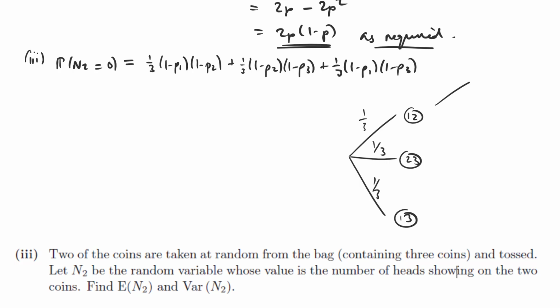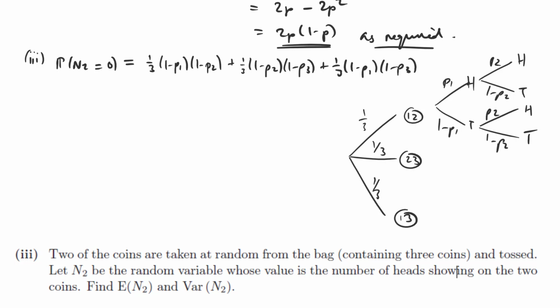And then from that step onwards, each one of these 3 branches gives rise to a tree diagram like this, where I get head, tail, and in this one I'm doing p1 and 1 minus p1, and here I've got p2 and 1 minus p2, and it doesn't matter which way around I write these, obviously. So I'm thinking of having 3 copies of that as we go down here.